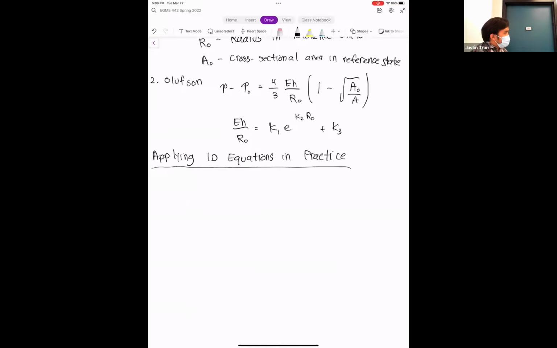Just like I mentioned before, the 1D equations, even though they are a simplification over Navier-Stokes, are still a very complicated PDE. And so in order to actually solve them and apply them, you need to write some computer code to do it.